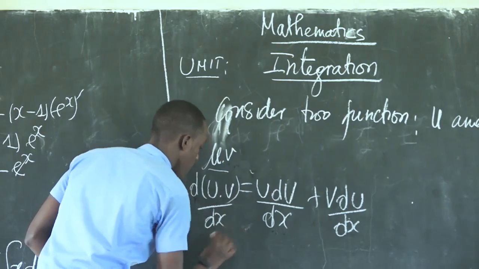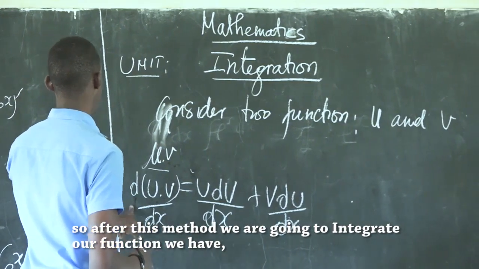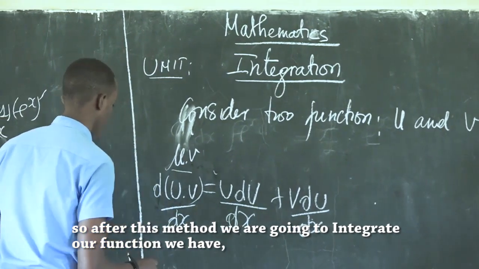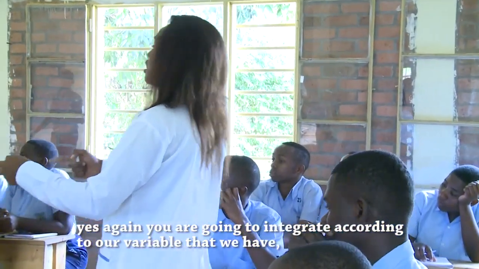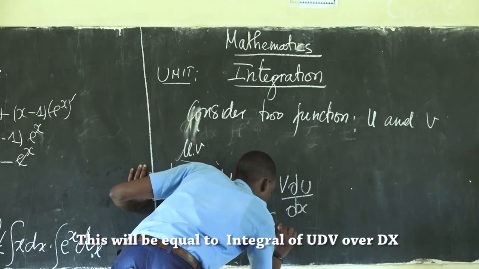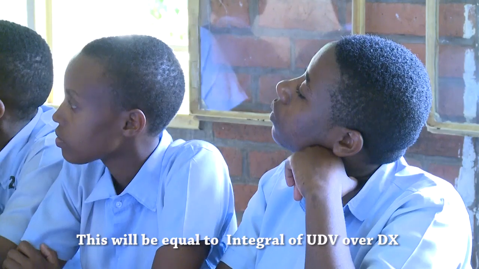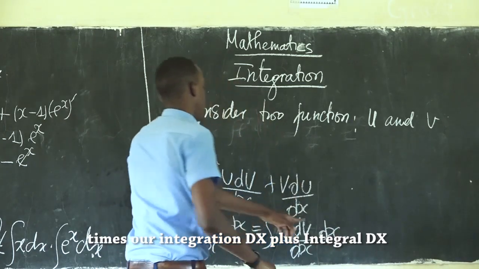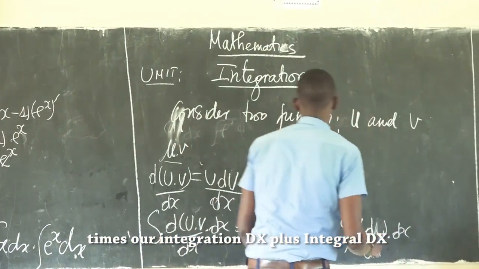Over dx. After this method, we are going to integrate our function, again according to our variable. This will be equal to the integral of u dv over dx times our integration dx, plus the integral of v du over dx.